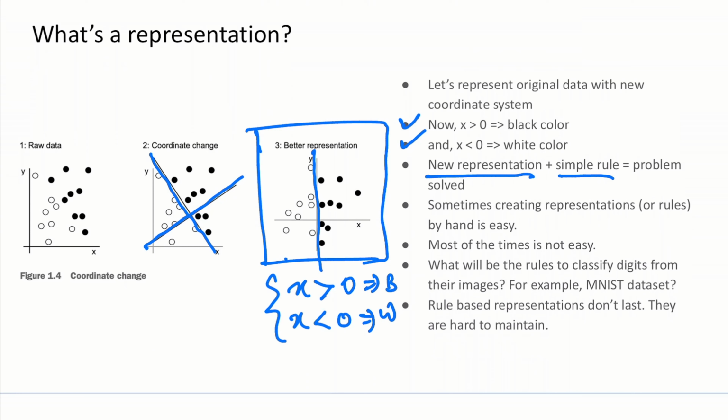But obviously, most of the time, it's not this easy. Let's say you have a bunch of images labeled from 0 to 9. Each image has one number in it, anything from 0 to 9. Now you cannot make these rules very easily.